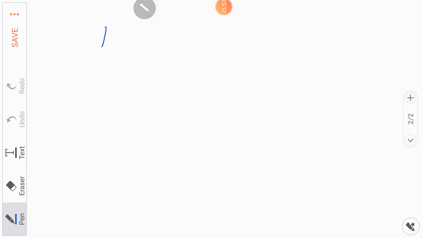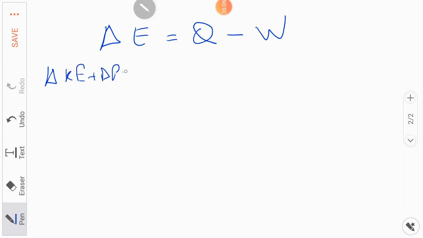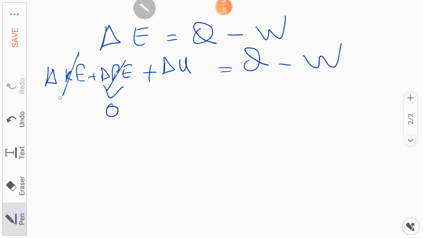So the equation is delta E is equal to Q minus W, and delta E is equal to the sum of delta KE plus delta PE plus delta U, equal to Q minus W. We know that it is not gaining any elevation, so delta PE is 0. It is not gaining any velocity, so delta KE is 0.